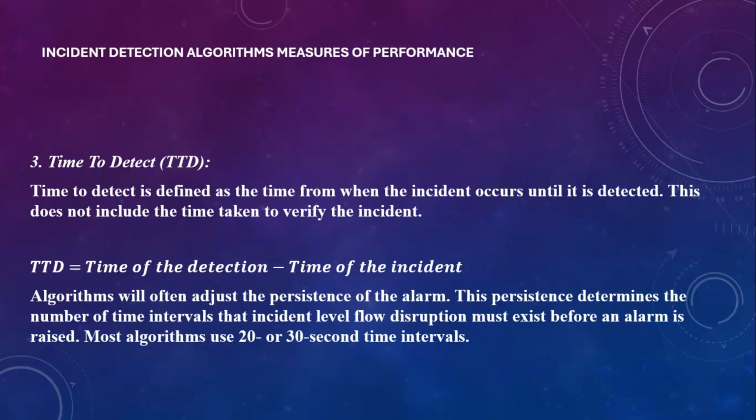Like I explained in the previous lecture, if the detection is taking longer than usual, then the traffic flow that has been disrupted as a result of the traffic incident will keep building up, leading to traffic congestion and a traffic jam.